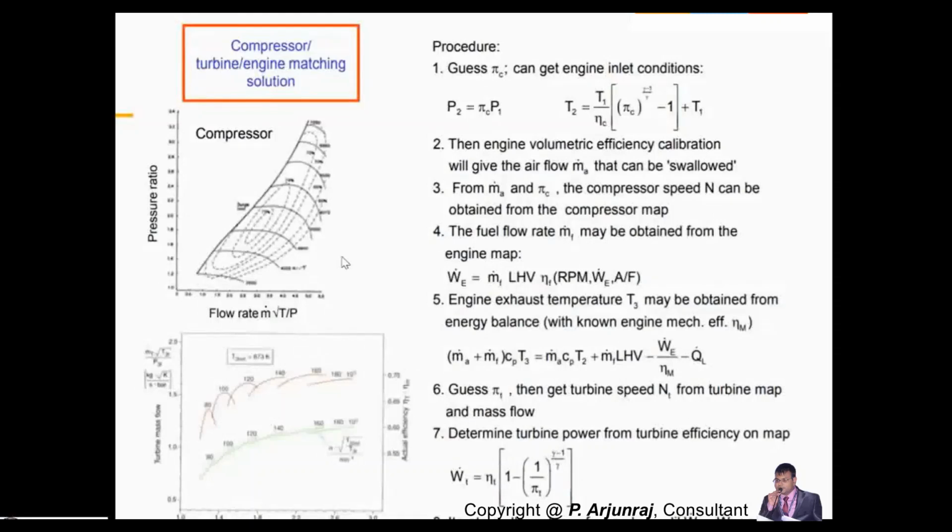According to this, you can select the efficiency percentage. Finally, you need to determine the turbine power from the turbine mapping, and how much power you are going to get. You can also obtain this, and finally you need to do the iterations considering all the input conditions, outlet conditions, and also the efficiency.